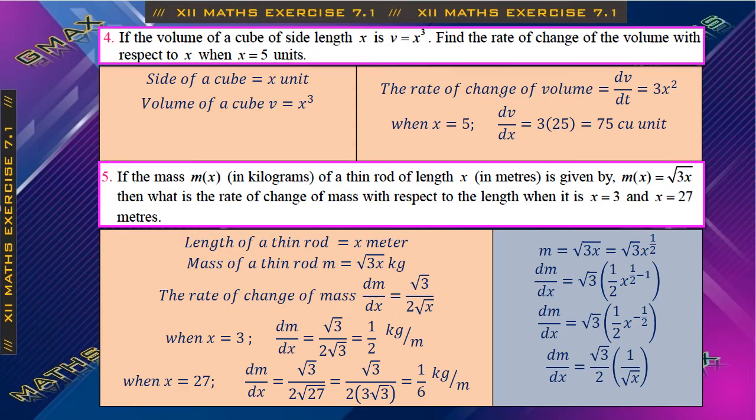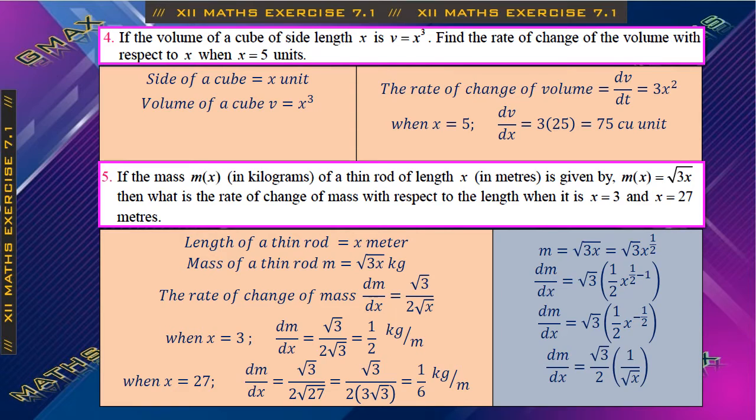So the rate of change of mass is nothing but dm by dx. For every rate of change, you have to differentiate that variable. So you are going to differentiate the mass. Before differentiating, on the right side we show how to differentiate. First, we take m equal to root 3x. That can be written as m equal to root 3 into x power 1 by 2.